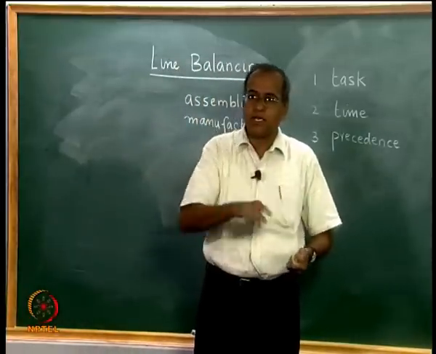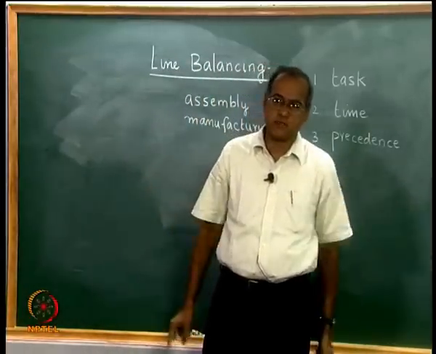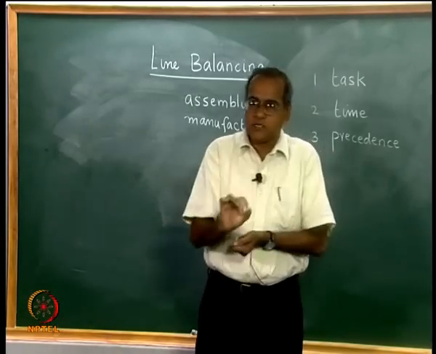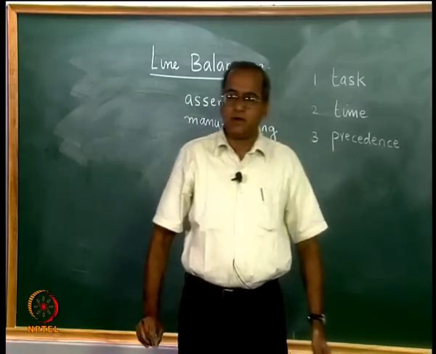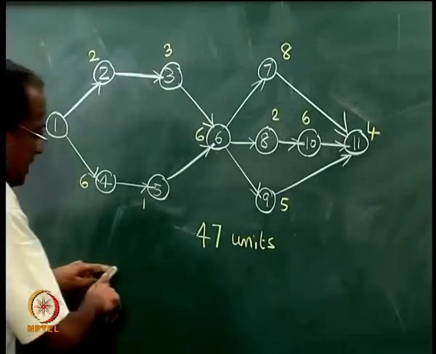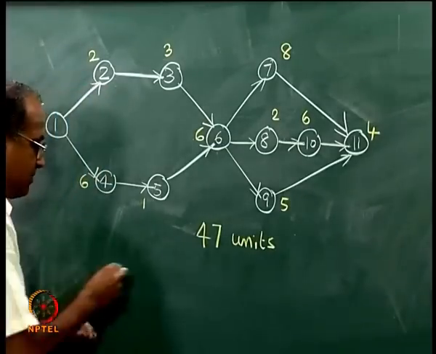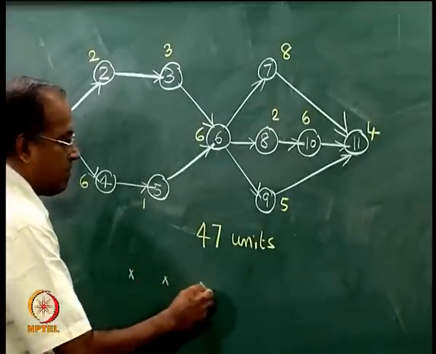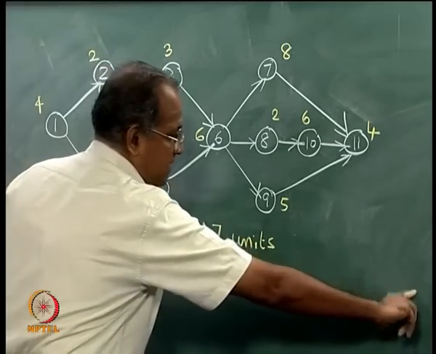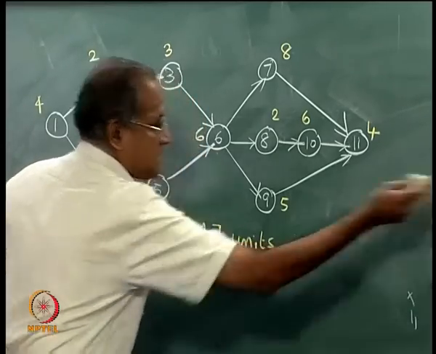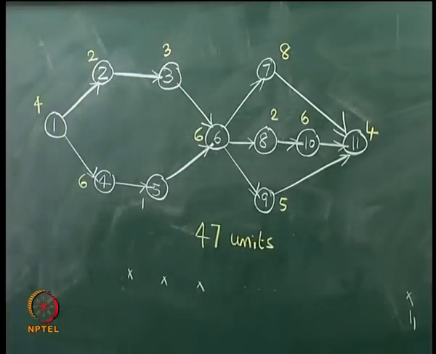And if we put 11 operators, 1 for each, and assuming that each operator has the skill to do that activity, then if we start the line here, at the end of 47 time units, 1 piece will come out, the first piece will come out.